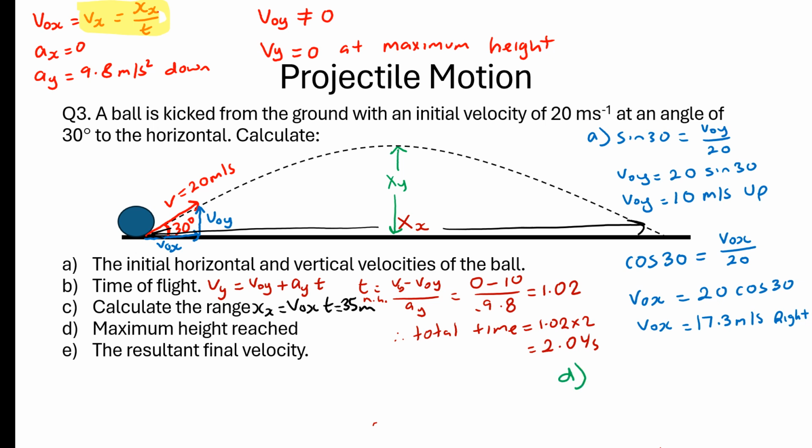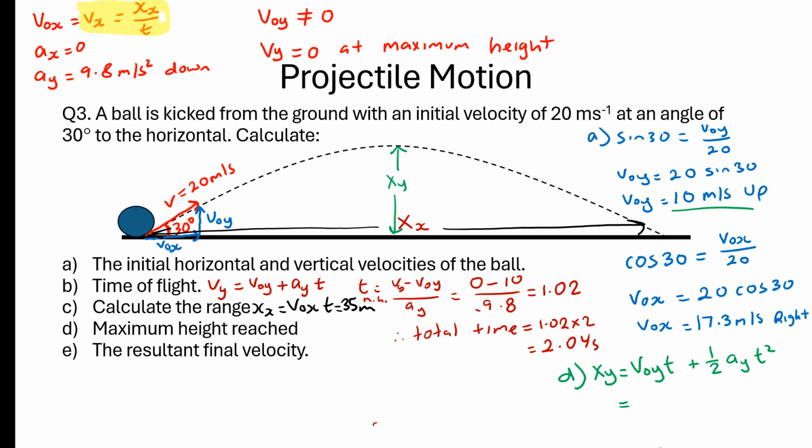So y equals v naught y t plus half times ay times t squared. V naught y is not 0 anymore. V naught y is equal to 10 meters per second upwards.